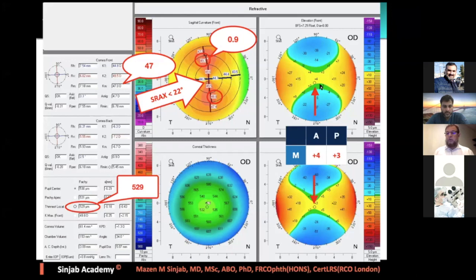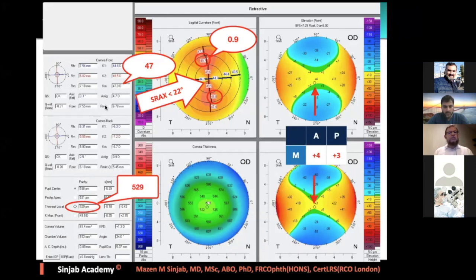Those corresponding to the thinnest location, the values are +4, +3, which are less than +8 and 18. You remember, 8, 18, 7, 28. And the pattern on the pachymetry map is concentric, and the thinnest location is 529. Now, according to the points that I mentioned, it is very normal.